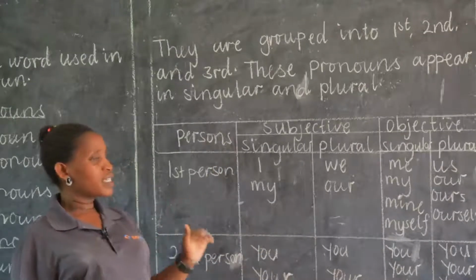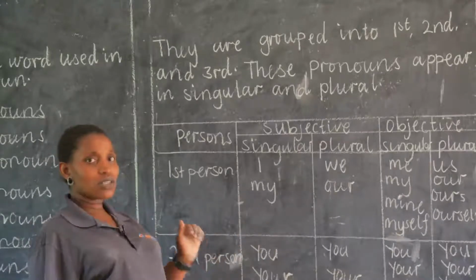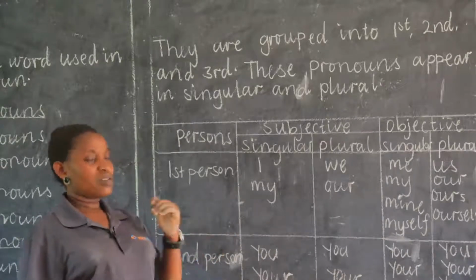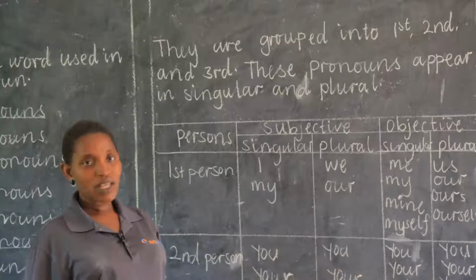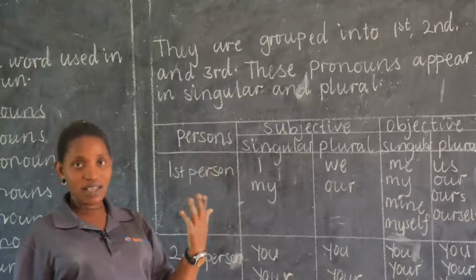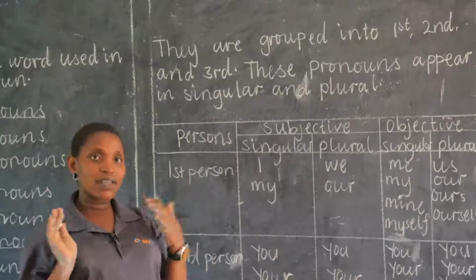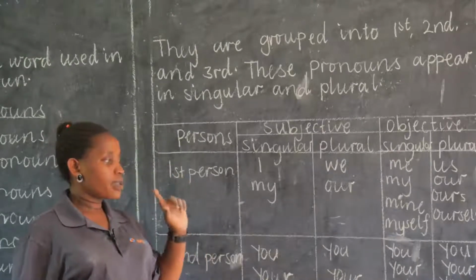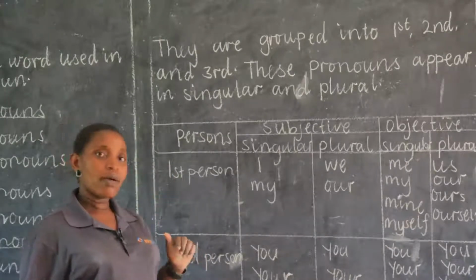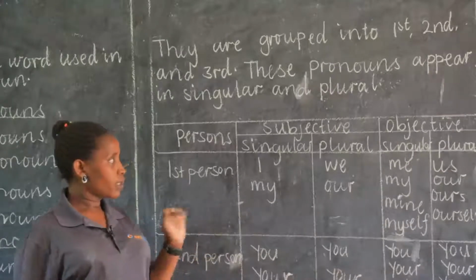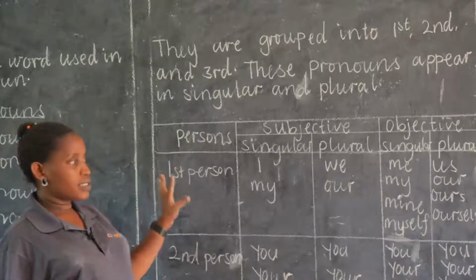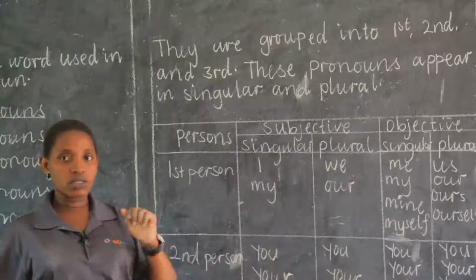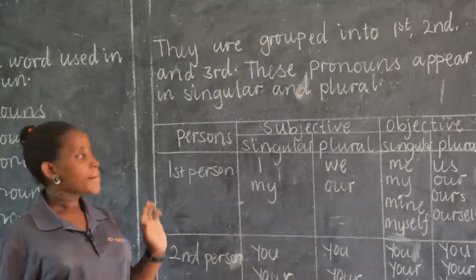Because when I start teaching, if we look at these ones only, we shall be wasting a lot of time. Yet, after knowing what they are, we can summarize them in one table. All of them have first person, second person, and then third person. So, we are looking at this table. It is summarizing all the pronouns.